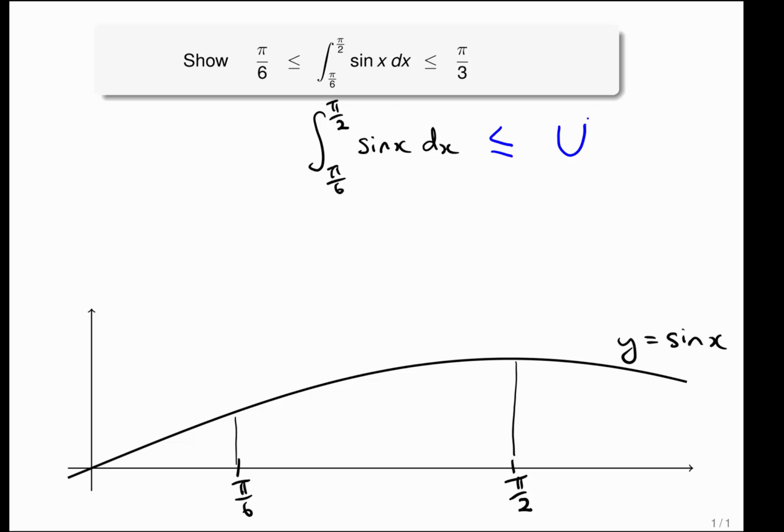Here, I'm going to choose just one subdivision, in which case the upper Riemann sum will just be the area of this rectangle here.